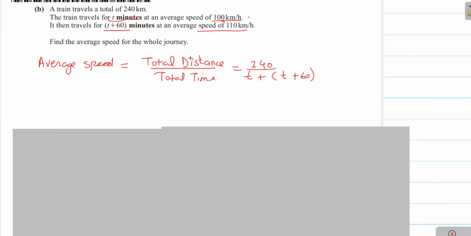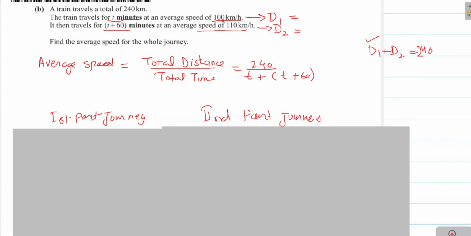Look here, firstly we have to calculate the time T minutes. When we calculate T minutes, we can find the average speed. Firstly, we will find the first part journey distance D1, and the given speed we name S1, and the time we name T1.